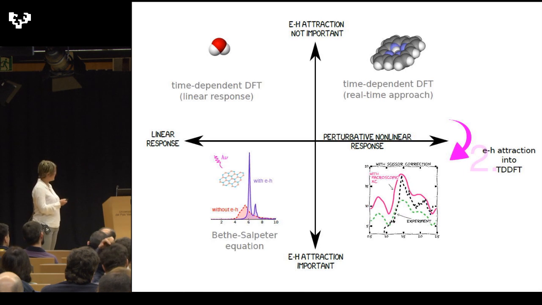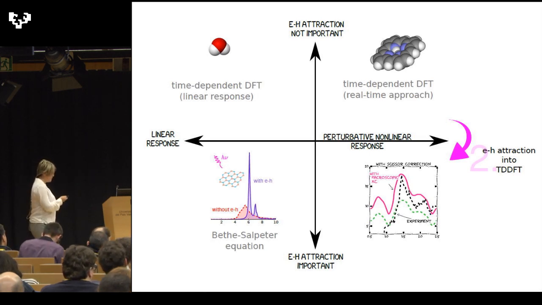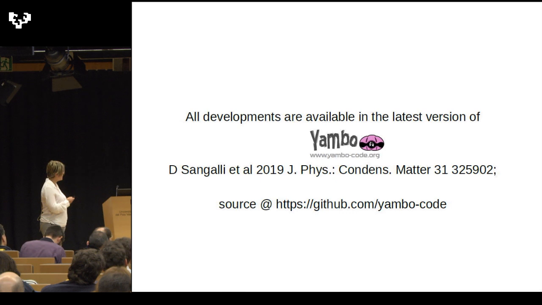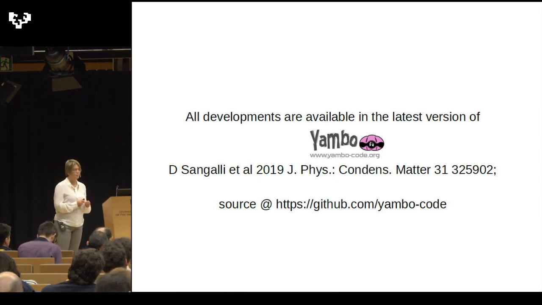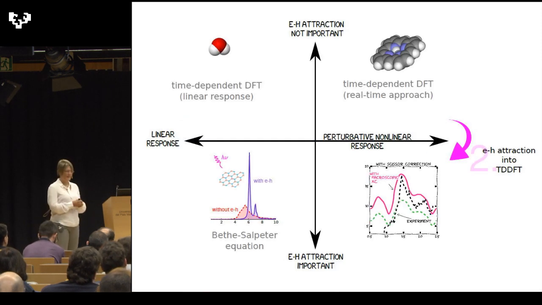So I went from the Bethe-Salpeter equation, building a real-time approach, or going down from time-dependent density functional theory and trying to put in some approximation which can take into account this electron-hole attraction. And this code is available to everyone, so you can get the latest version of Yambo where this is implemented. So thank you very much.